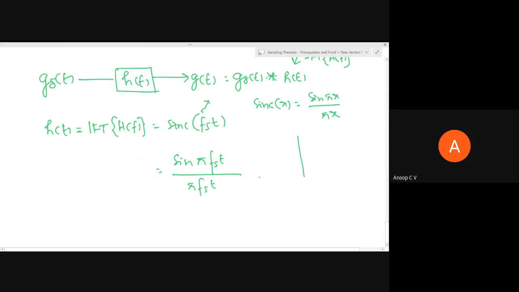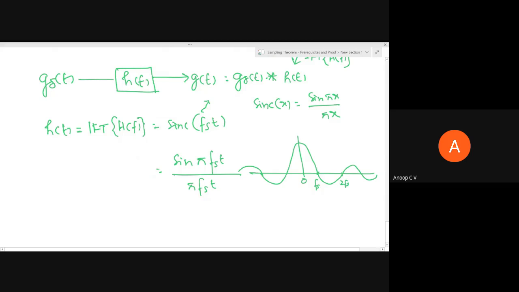If you plot this as a function of time, it will have its maxima at time instant t equal to 0, and it will pass through zeros at instants like 1 by fs, 2 by fs, and so on.